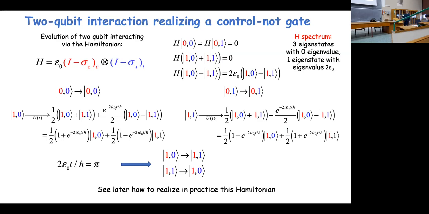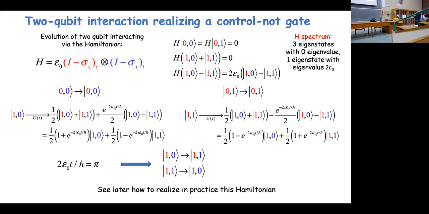It's the product of 1 minus sigma z for the control times 1 minus sigma x for the target. So I won't discuss that, but you have all the elements to do the calculation. I just show here that the effect of this Hamiltonian on the state is given by this. So in fact you have 3 states which correspond to the eigenvalue 0 and 1 state which corresponds to the eigenvalue different from 0.